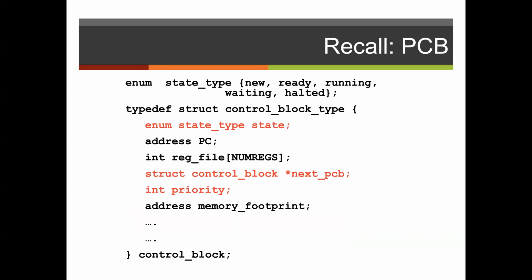And so with this in consideration, we want to recall our process control block and the appropriate constructs that we have available. We can have a control block with the modification to the next PCB, as well as priority. And we can also have an enumerator for the state type.